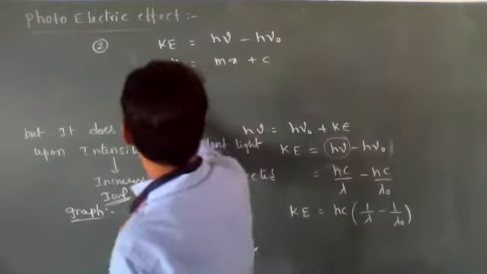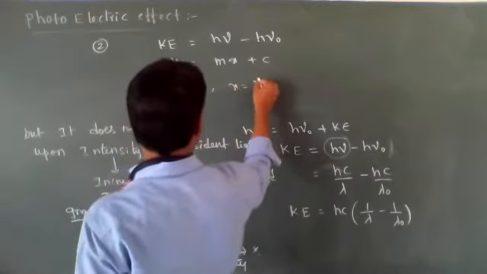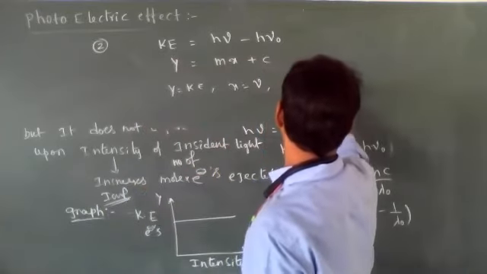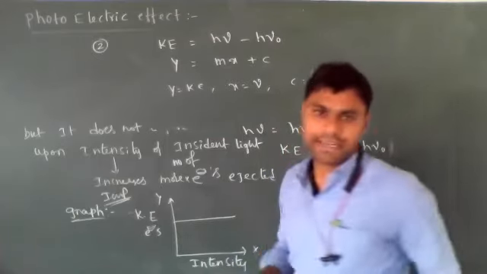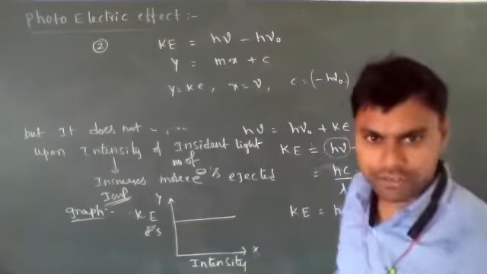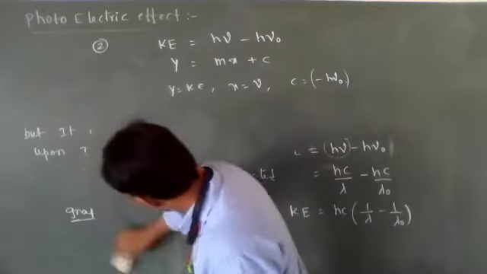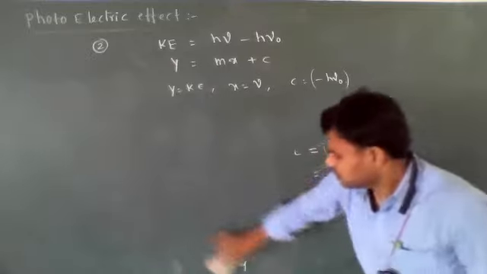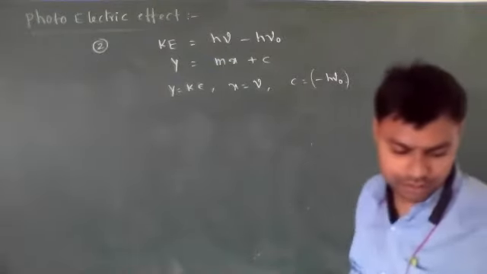Then y is kinetic energy, x is frequency, and c is equal to minus h nu naught, the intercept. Then how will the graph come? A negative intercept means it touches the negative y coordinate.